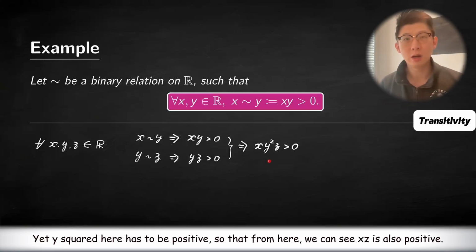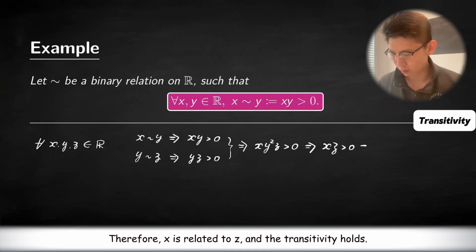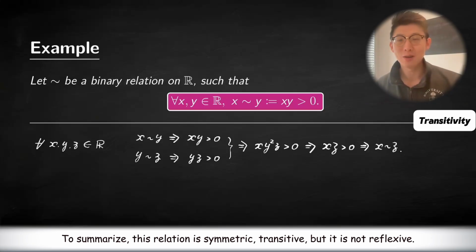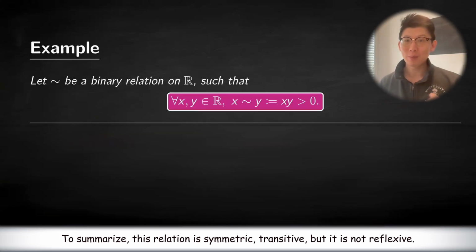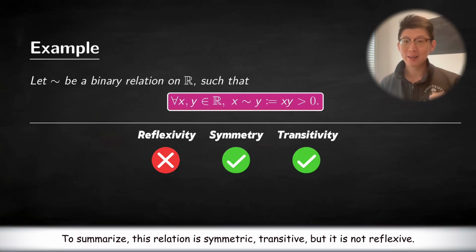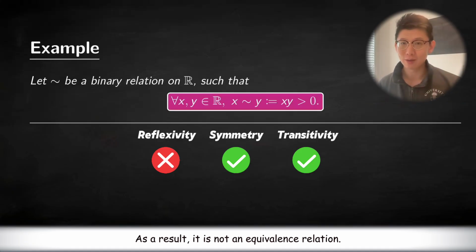Yet Y squared here has to be positive, so that from here, we can see XZ is also positive. Therefore, X is related to Z, and the transitivity holds. To summarize, this relation is symmetric, transitive, but it is not reflexive. As a result, it is not an equivalence relation.